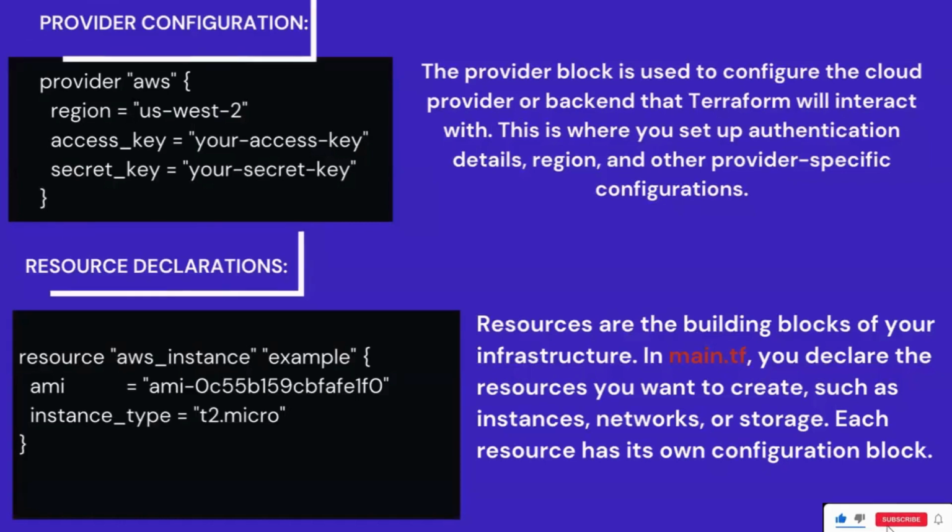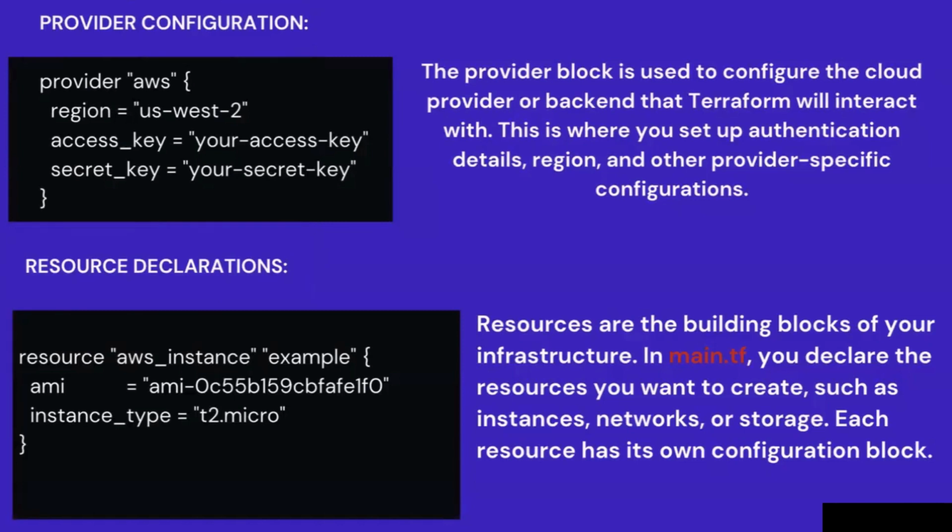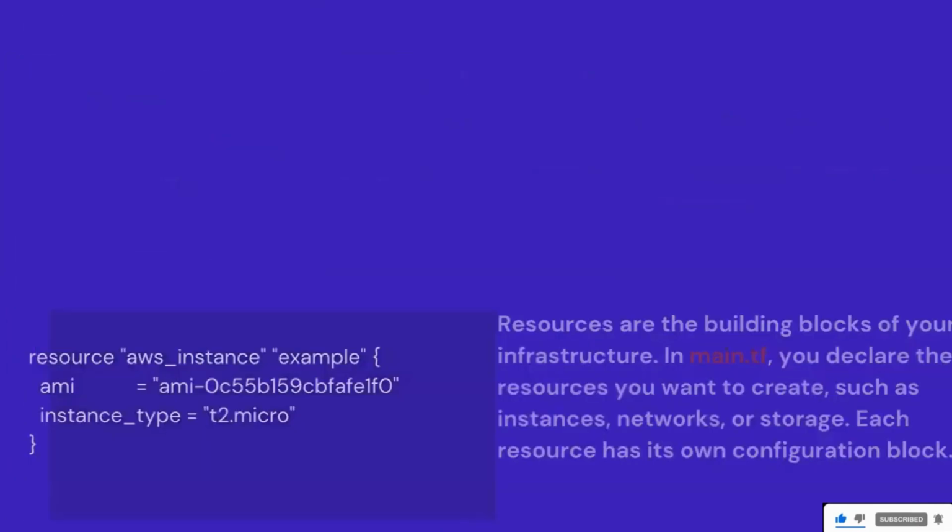You can even define more on this. If you define t2.micro, it already has some specific configuration, and you can directly use it, right? So this is about resource declaration and provider configuration. I hope you remember these things. This is the very main part.